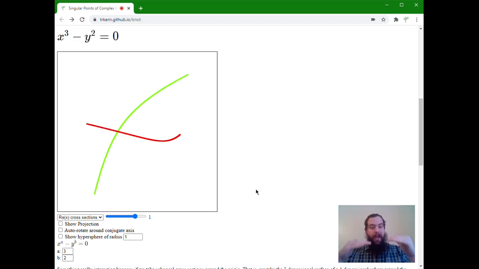But again, we have two equations of real numbers: the real part of x cubed is equal to the real part of y squared, and the imaginary part of x cubed is equal to the imaginary part of y squared. And so each equation, and this is typical, although it doesn't always happen, but it does happen in this case, drops the dimension of the solution set down by 1.